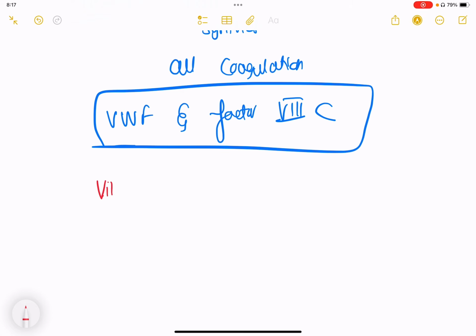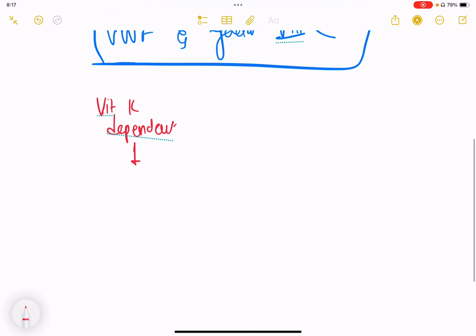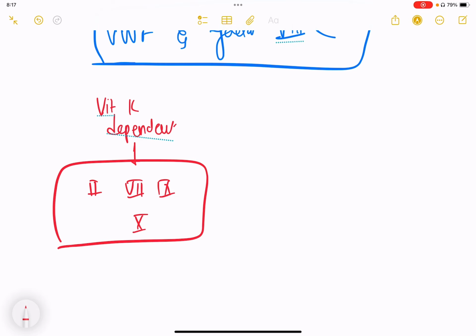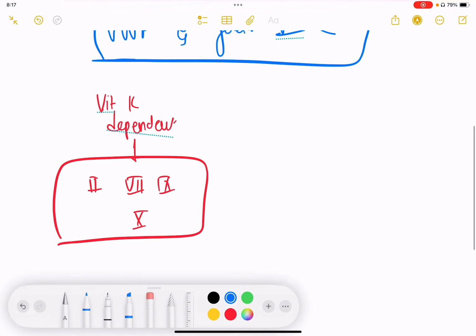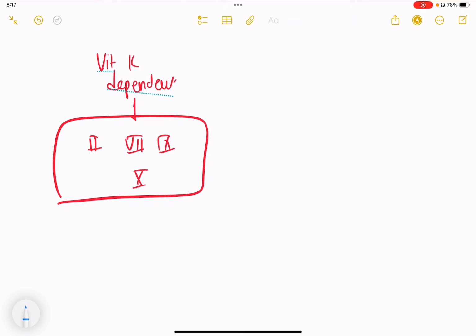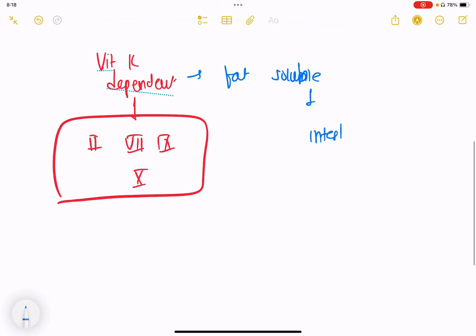This includes the vitamin K dependent factors also, because vitamin K is needed to synthesize factor 2, factor 7, factor 9 and factor 10. So these four factors need vitamin K, and this vitamin K is basically a fat soluble vitamin that is usually produced by intestinal bacteria.